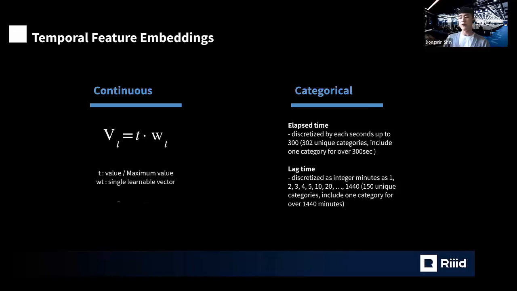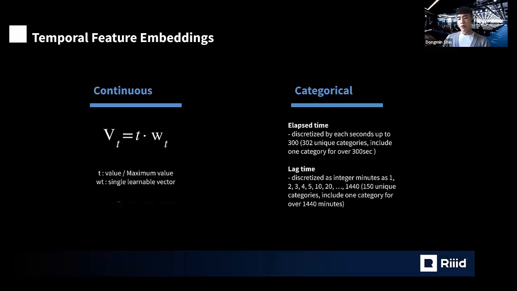So I use two different strategies for temporal feature embeddings. The first one is continuous embedding. Continuous embedding is just the product of a single learnable vector, which is represented as WT, and a scalar value T. T is the value divided by the maximum value, which I set as 300 seconds for elapsed time and lag time.